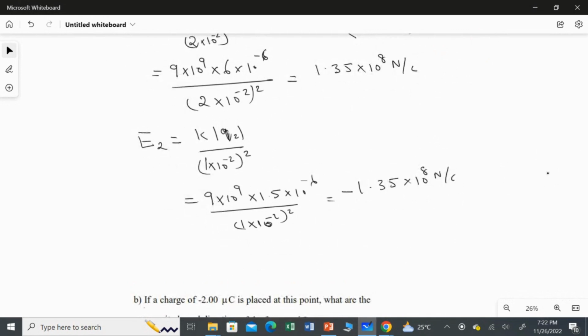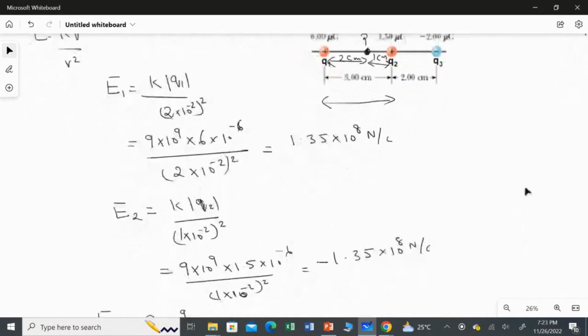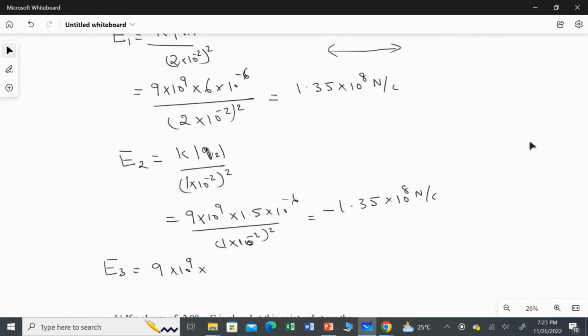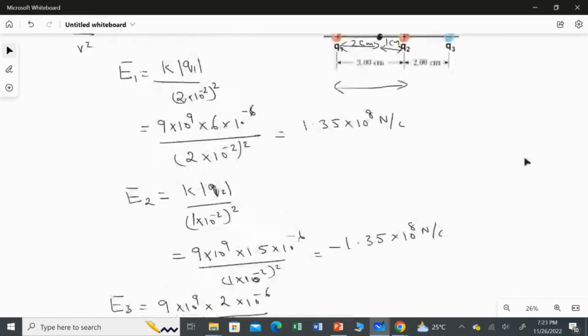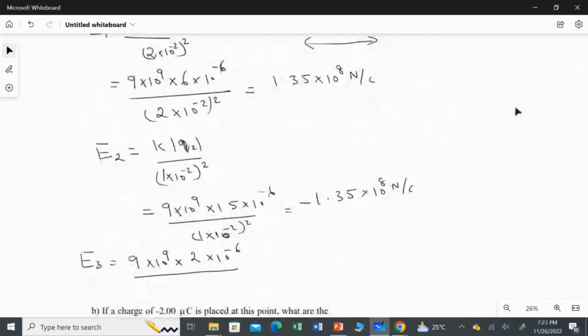Likewise, I have to find the third value, E3. I can directly substitute the value. 9 multiplied by 10 power plus 9. And what's the value of the third charge? It's minus 2 microcoulomb, so I'm going to take only the magnitude, 2 multiplied by 10 power minus 6, over, what's the distance from the third charge to this point? The distance here already is 2, so 2 plus 1, 3, right?